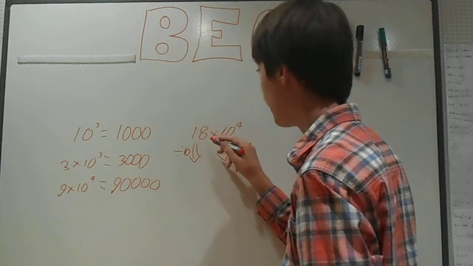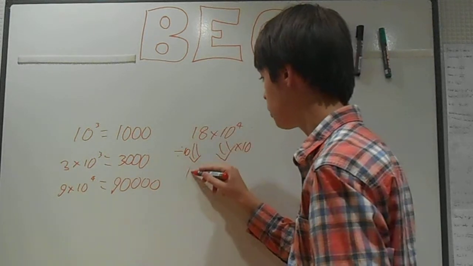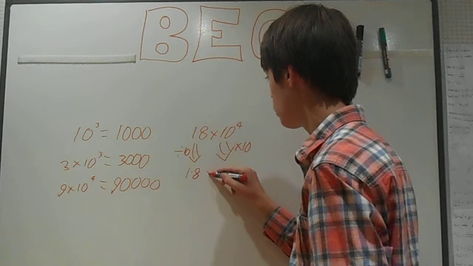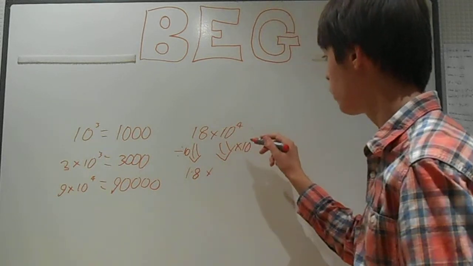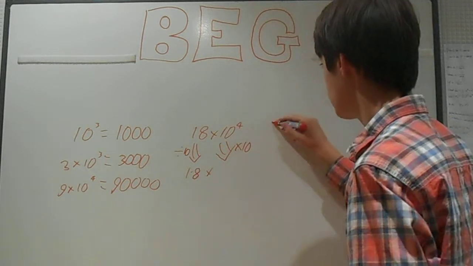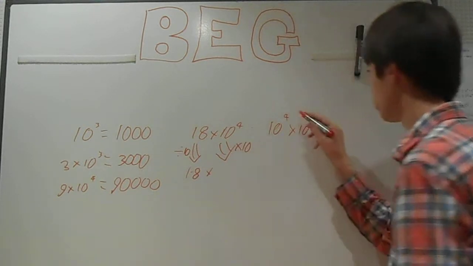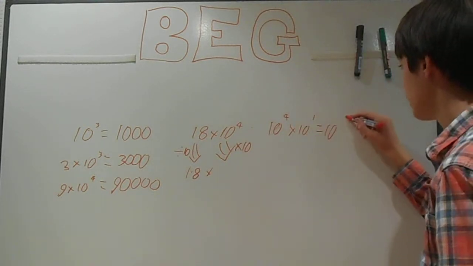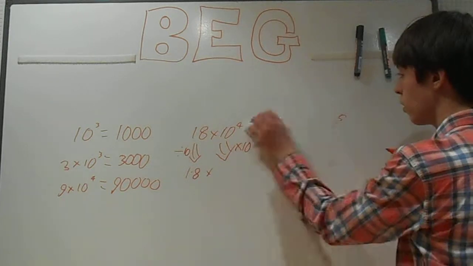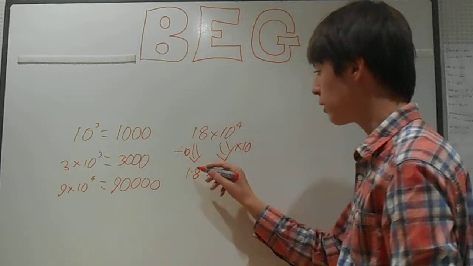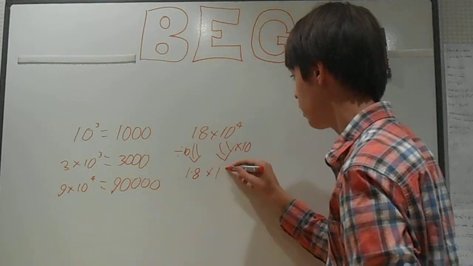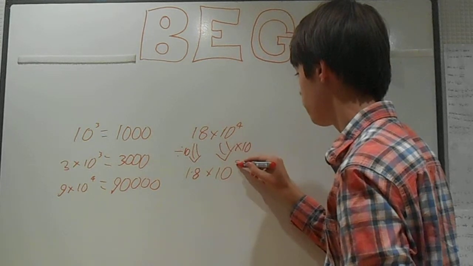So we've got 18 divided by 10 is 1.8 times 10 to the 4 times 10 to the 1, which is equal to 10 to the 4 plus 1, 10 to the 5. So that is equal to 1.8 times 10 to the 5.